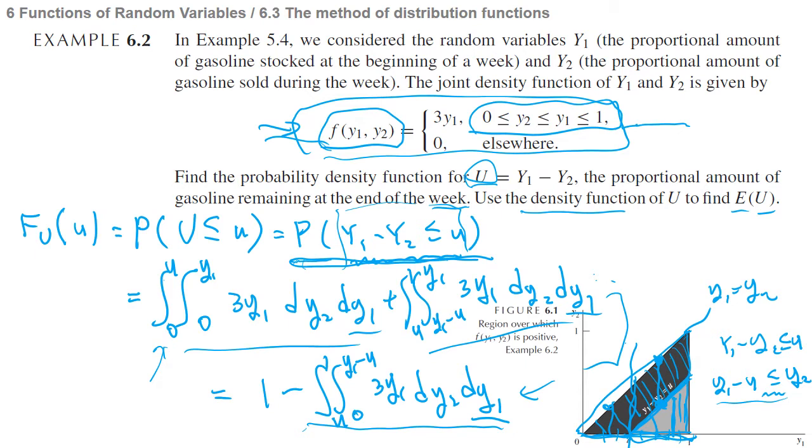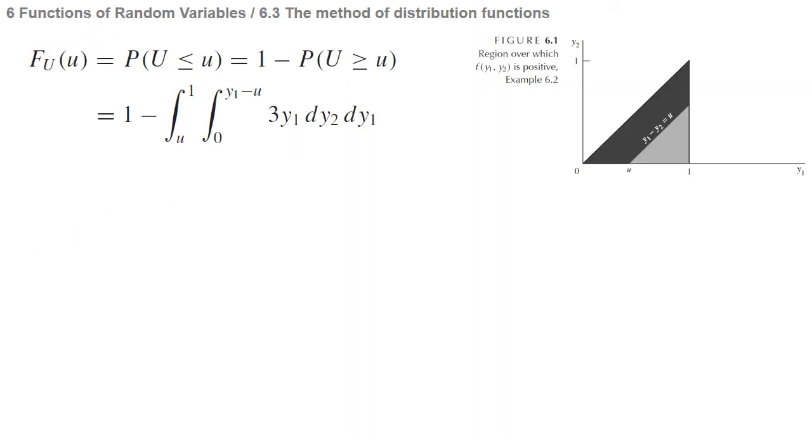Okay, I will explain it from the next slide. From the previous slide, we are calculating F of U of small u, which is the probability of U less than or equal to small u, and we can calculate this directly.